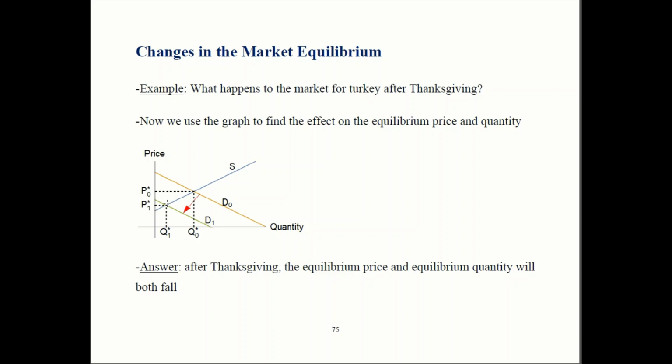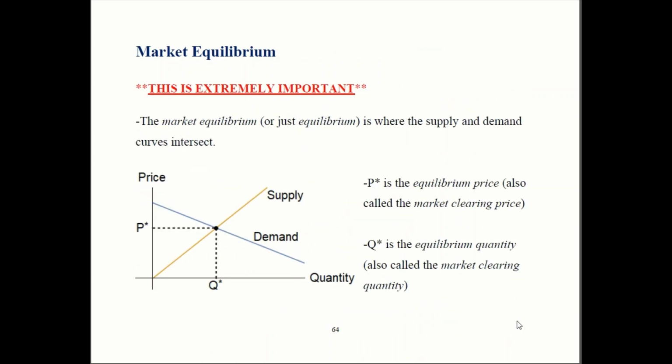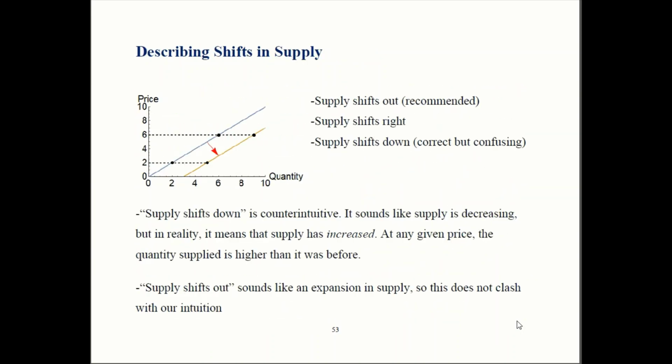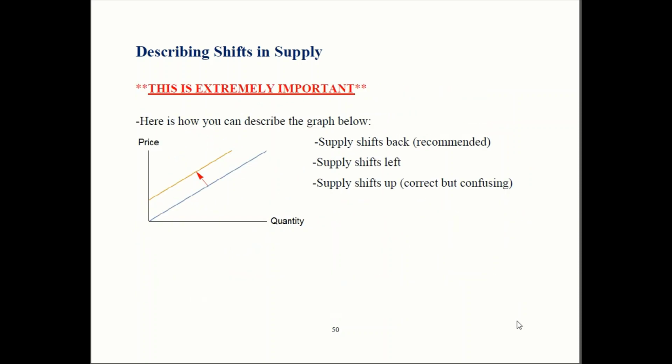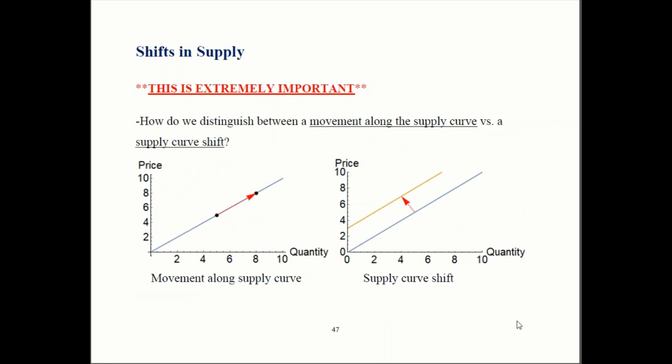Well, if price goes down, that does not shift supply. When price goes down, that gives you a movement along the supply curve. We talked about that earlier. Let me just pull up that slide really quickly. Back over here.